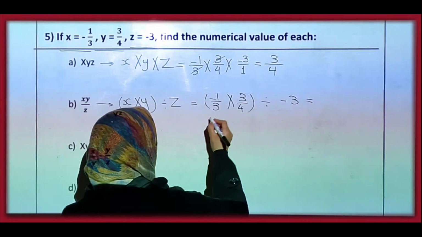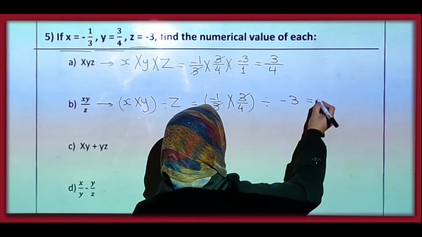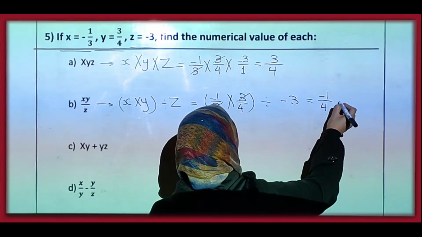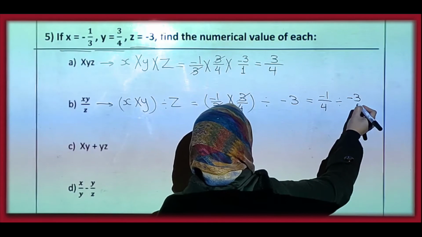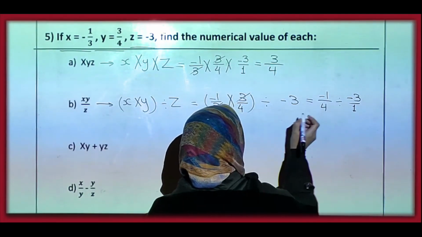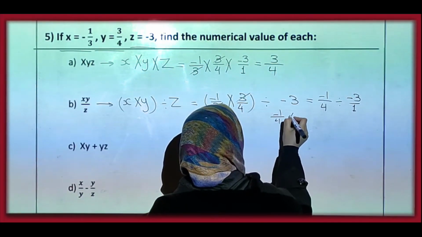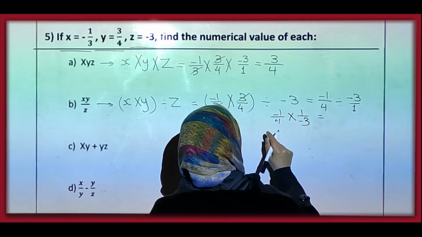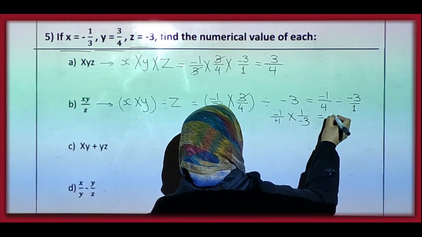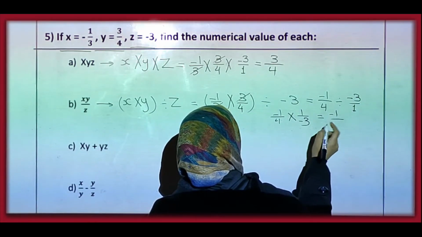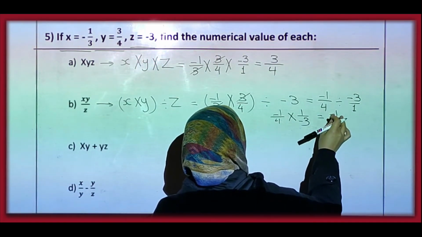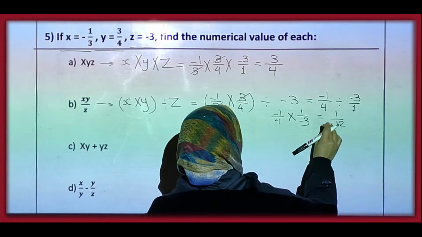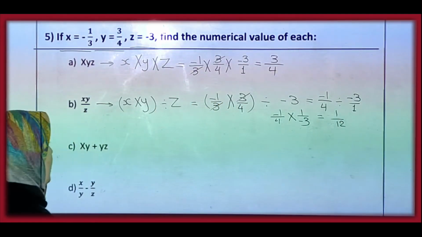By simplifying, cancel the 3 with 3, equals negative 1 over 4 divided by negative 3 over 1. We convert the division into multiplication and find the multiplicative inverse of the second rational. Negative 1 multiply 1 equals negative 1. 4 multiply negative 3 equals negative 12. We cancel the negative with negative and it equals 1 over 12.